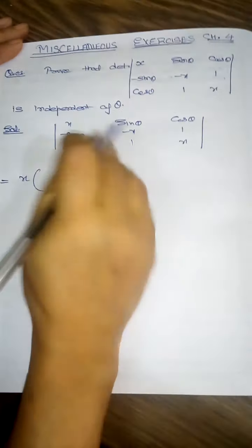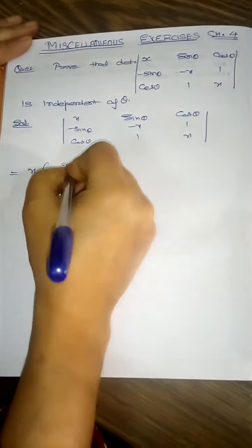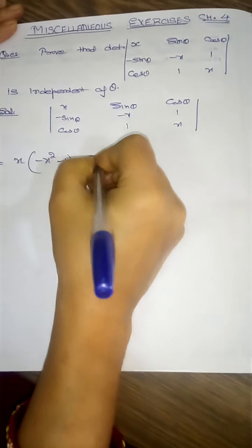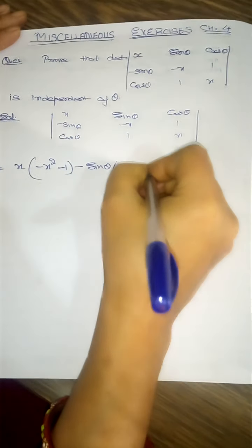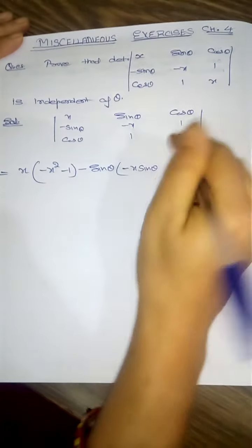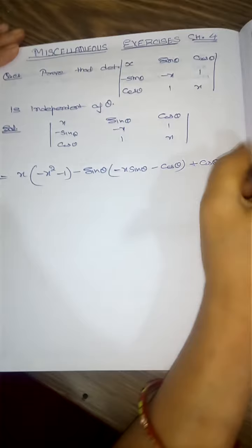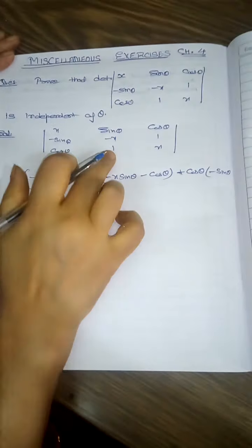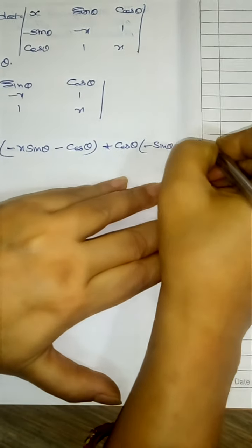So x into what is coming here, leaving this row and this column, minus x square, then minus sin theta, because this is the sign when you open the determinant, of minus x into sin theta, and this term is minus cos theta, and after that plus cos theta of minus sin theta, and cos theta into minus x cos theta, then it will come plus x cos theta.